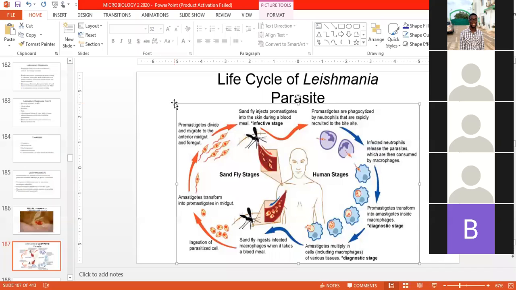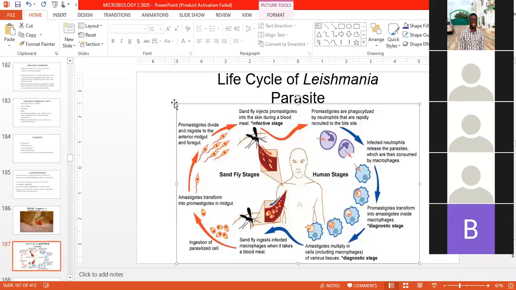The first cells to be recruited will be neutrophils, but they can't handle it. So macrophages will come, the parasites will invade the macrophages, and then they will lose their flagella. By then they are amastigotes. Then they divide and multiply. So now the human being is a carrier.